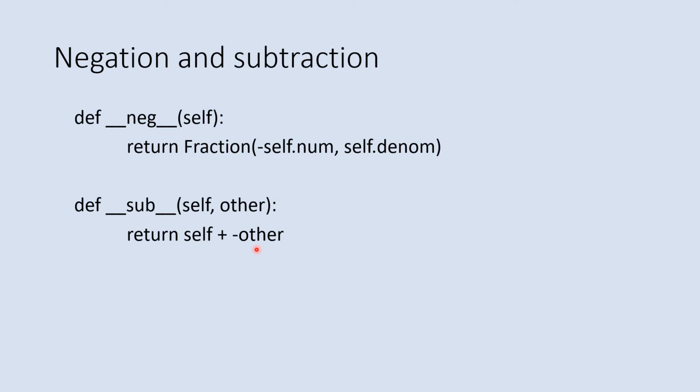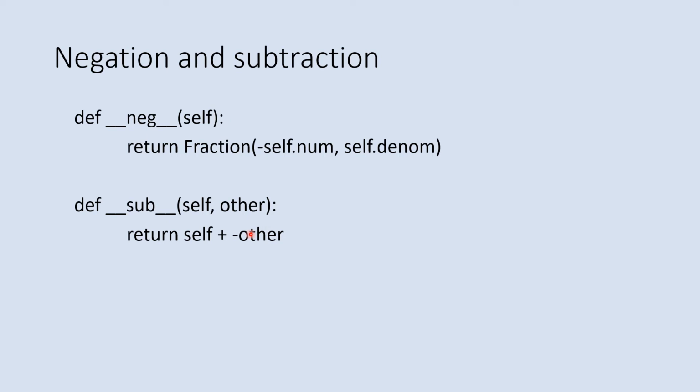Now this doesn't work though if the user tries to say a fraction minus the string hello, because negative hello doesn't mean anything, and at that point Python would have been in the add method, but then would not have known what to do with negative hello, and would have then returned the appropriate error from the string.